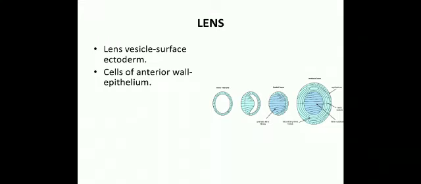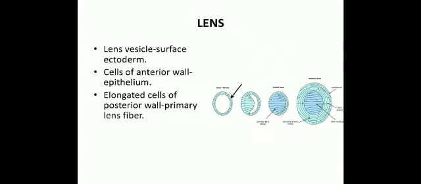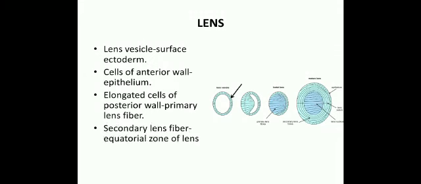The cells of the anterior wall of the vesicle remain cuboidal, whereas the cells of the posterior wall of the lens vesicle elongate, become columnar and extend towards the cavity of the lens vesicle. As a result, the cavity of the lens vesicle is obliterated.